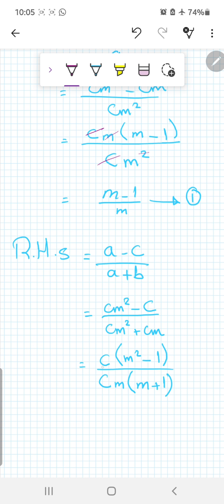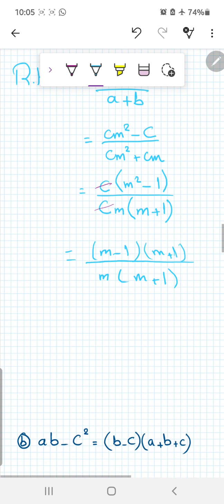Cancel C with C. Here we have M, and M power 2 minus 1. Factorize M power 2 minus 1, which is open two brackets: here we have M minus 1 and M plus 1, we studied in second prep, over M plus 1.